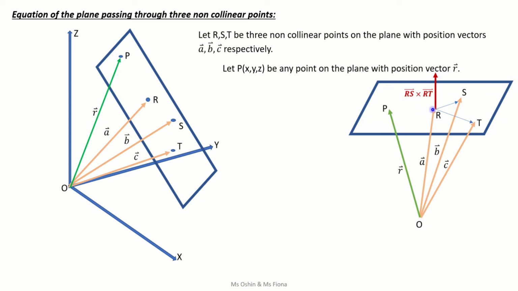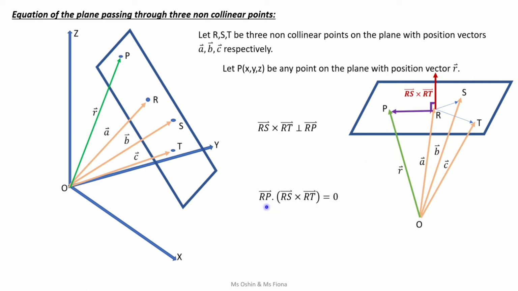Now, if I draw the vector RP, it is very clear that since RS cross RT is a perpendicular vector, RP vector will be perpendicular to RS cross RT. Therefore, their dot product will be equal to 0.